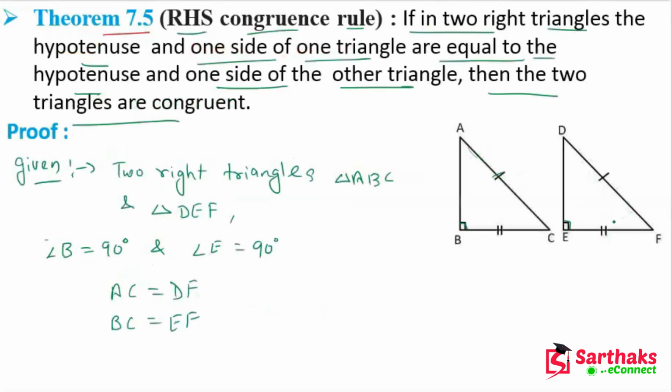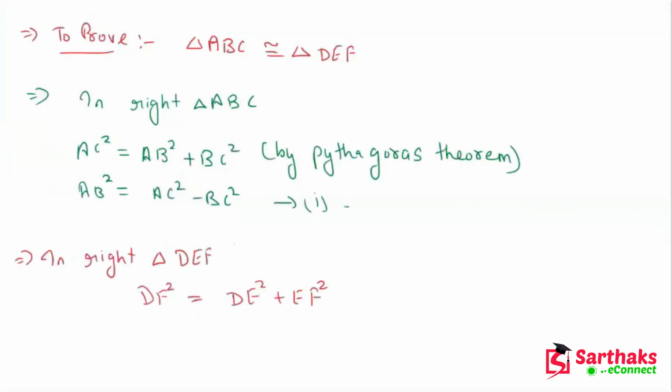So from this we can find DE square is equal to DF square minus EF square. Got it? So this is equation number 2.